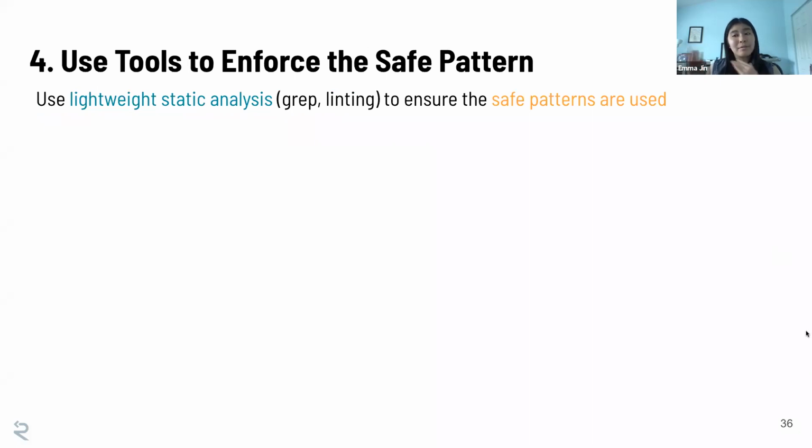But after developers believe that, you want to use some sort of tool to enforce the safe pattern, because everyone makes mistakes, and we don't want those mistakes to get into production.